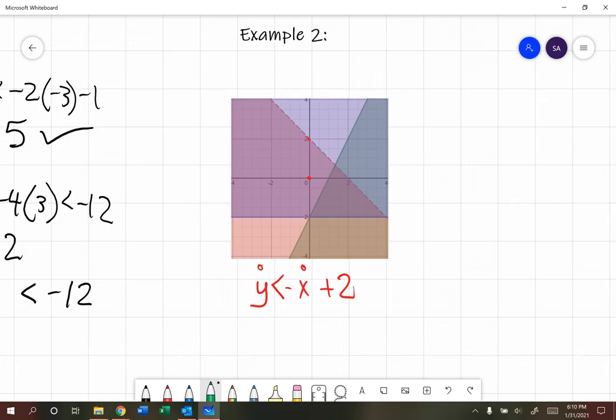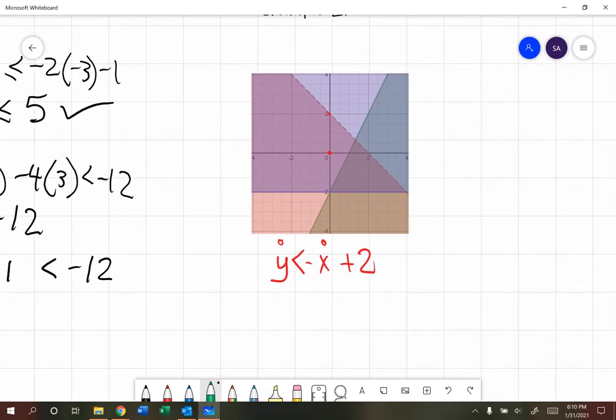If I move over to the green line, I'm going to write y, and here it hits at negative 2, and it goes up 2 over 1, so 2x minus 2. And again, this should not be a solution this time because it's the right side of that line that is shaded.